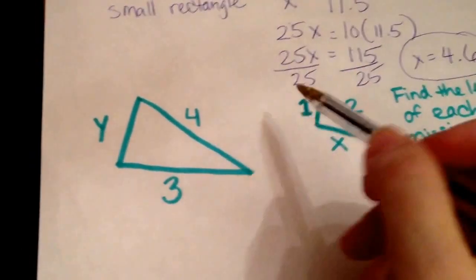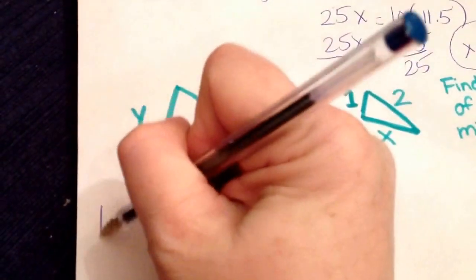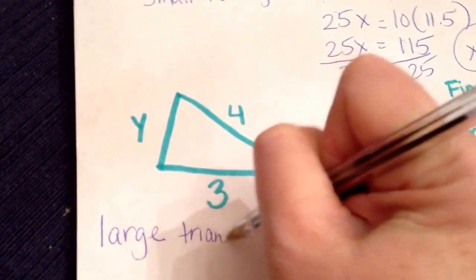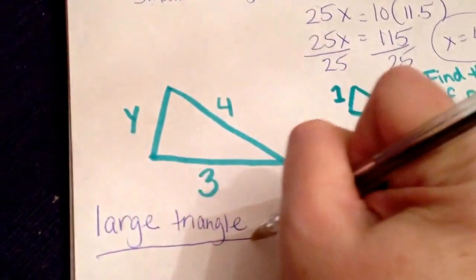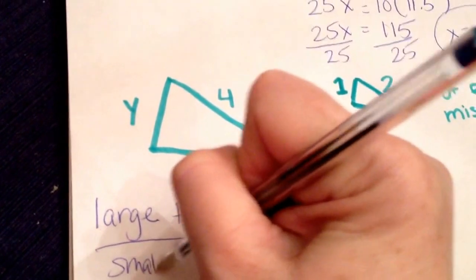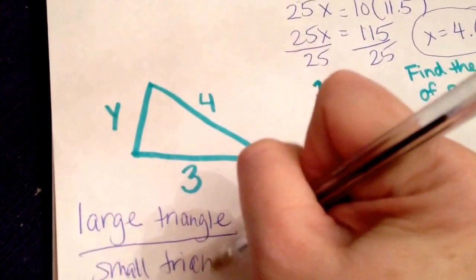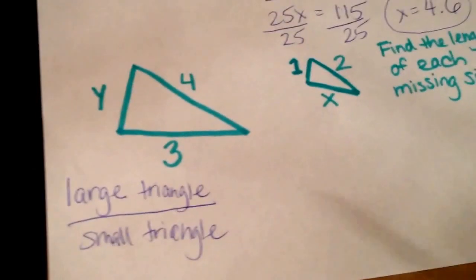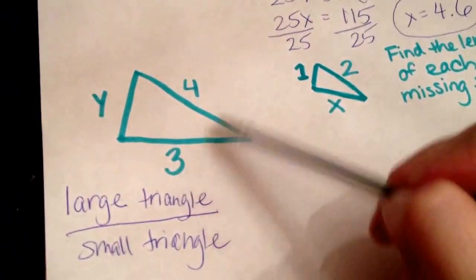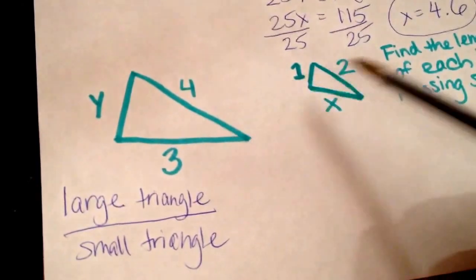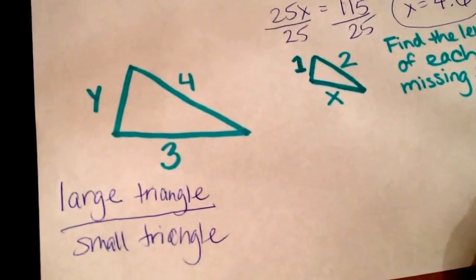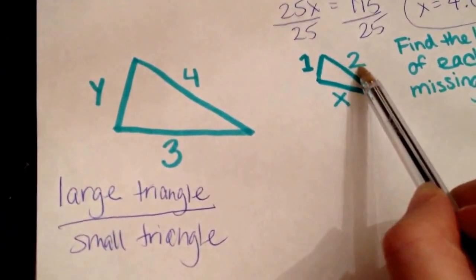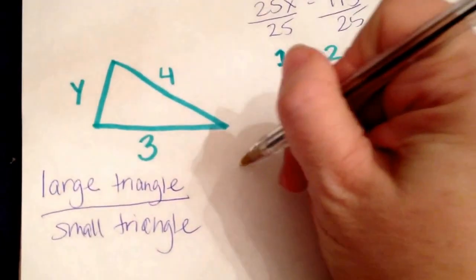So in this case, let's use as our word ratio large triangle over small triangle. I'm going to use whatever number is in the large triangle, as well as the corresponding side on the small triangle. So we need to use these two sides because I have both measurements for that.